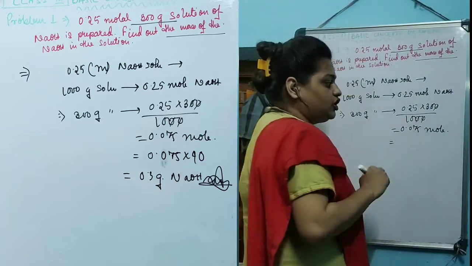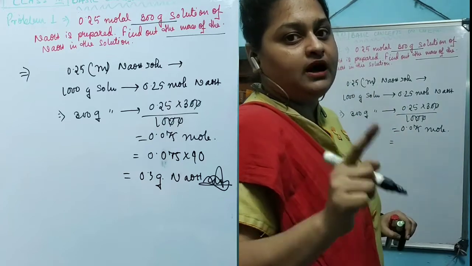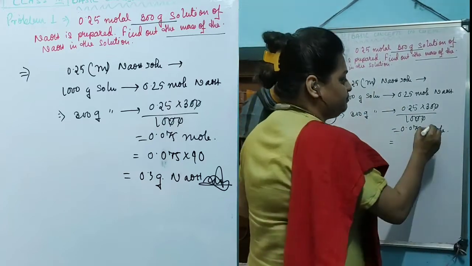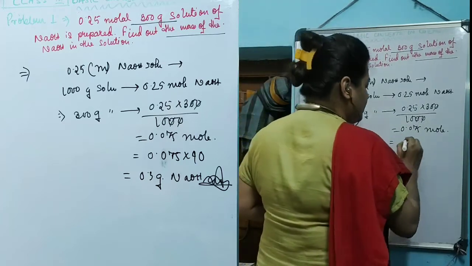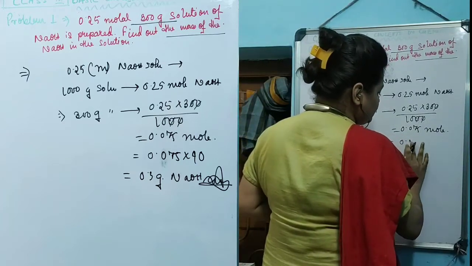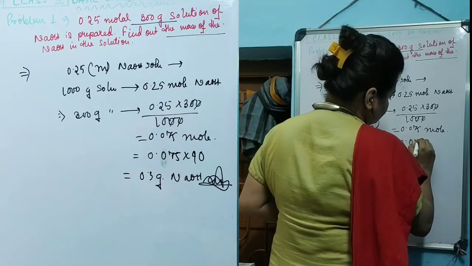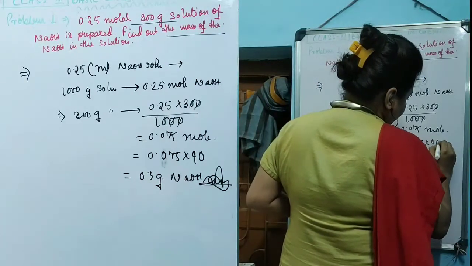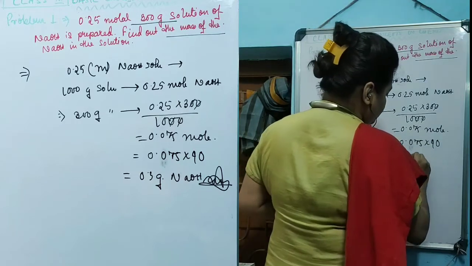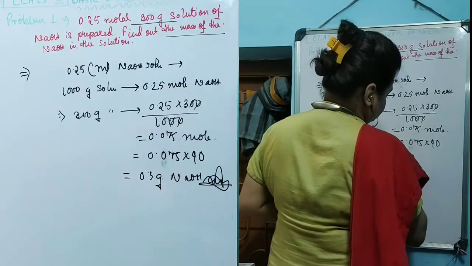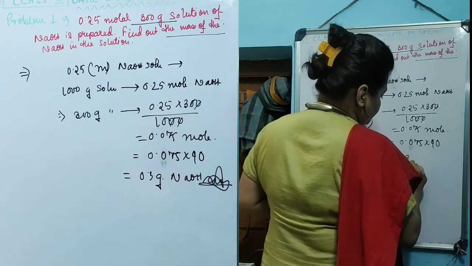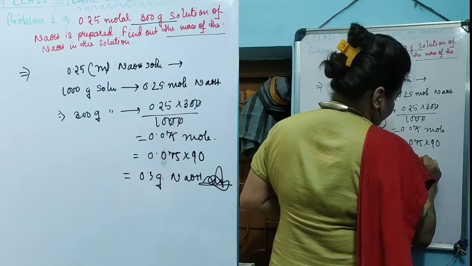In our last class we talked about how to convert mole number into mass: you simply multiply the mole number by the molecular mass. The molecular mass of NaOH, as we know, is 40. So we are going to multiply this by 40, which gives 3 gram of NaOH.